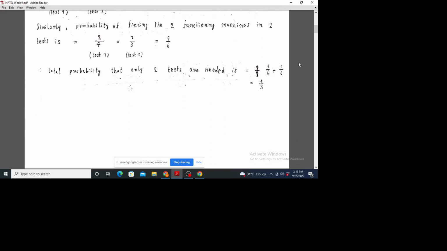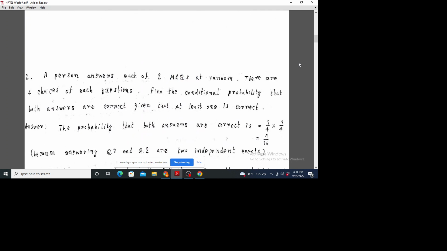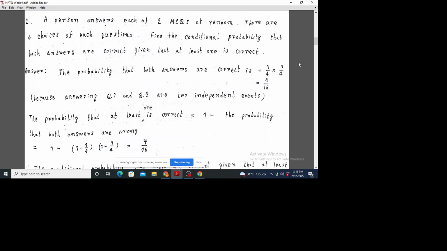So now moving on to problem 2. A person answers each of two multiple choice questions at random. I have written that as MCQ.